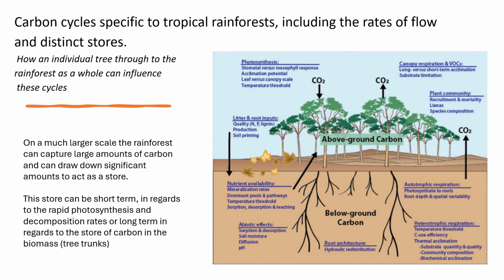If we look at it on a bigger scale, it's not just drawing down the carbon, but it's locking it up in those multiple stems, those multiple trunks, and in quite an extensive root network beneath the soil too.